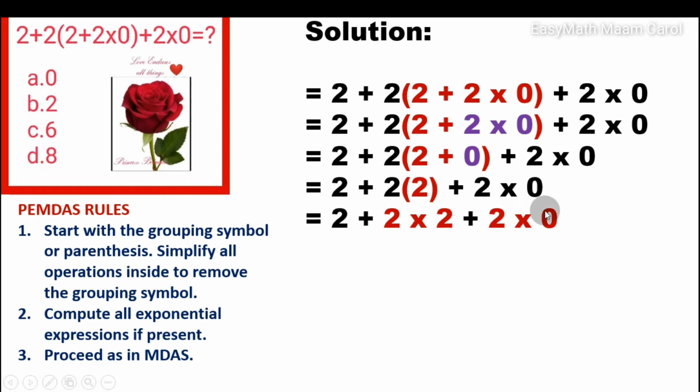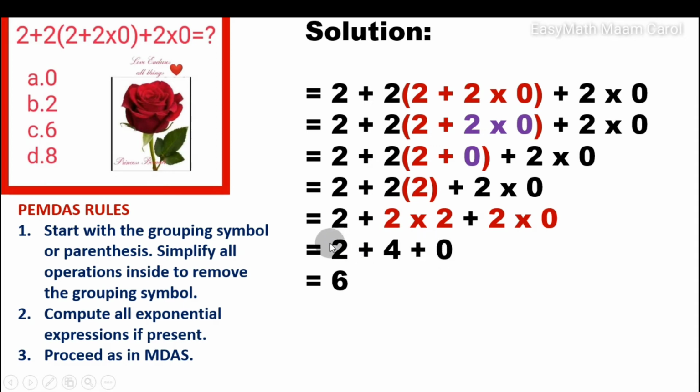But for this particular problem, we don't have division. So we will work with the two multiplication operations working from left to right. So here we have 2 times 2, answer is 4. And 2 times 0, the answer is 0.